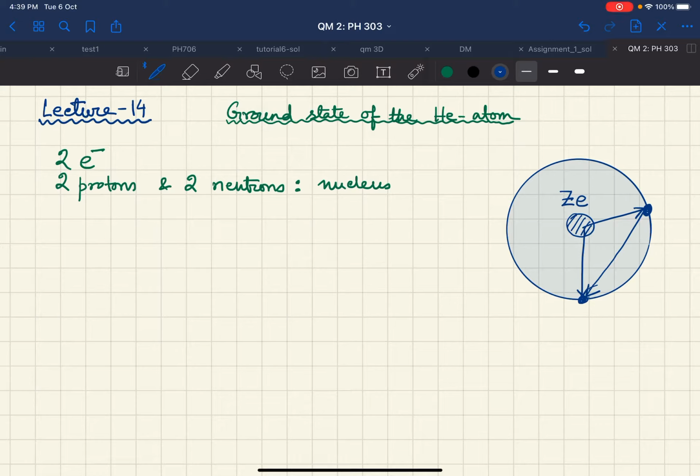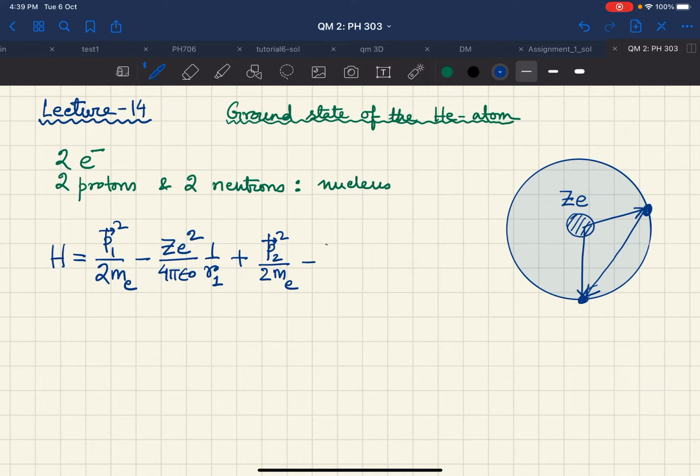Of course this is a classical picture, but based on it we can write down the Hamiltonian for this system, which we will write as p1 squared by twice the mass of the electron, minus Z e squared by 4 pi epsilon naught times 1 by r1, plus p2 squared divided by 2 times the mass of the electron, minus Z e squared divided by 4 pi epsilon naught times 1 by r2.